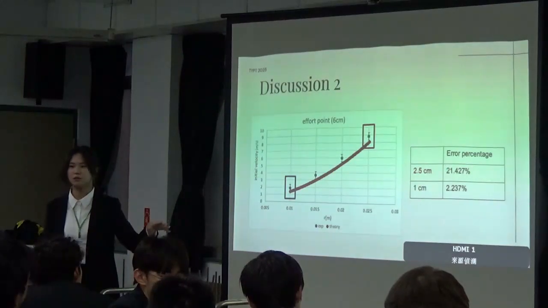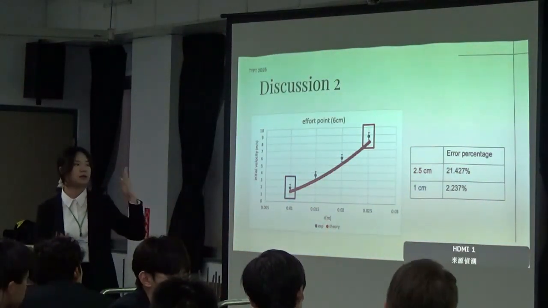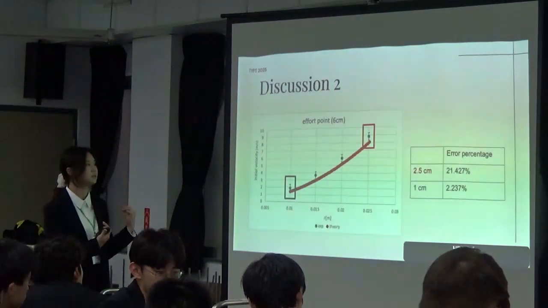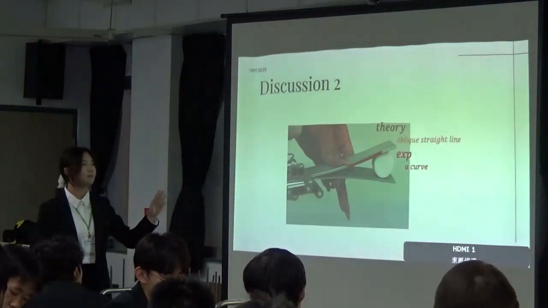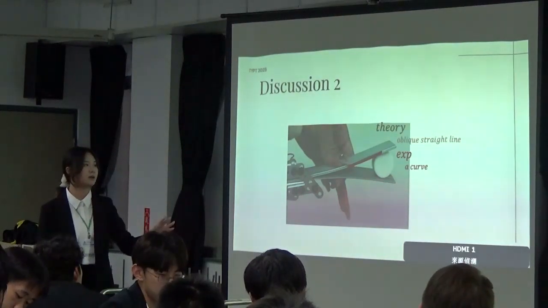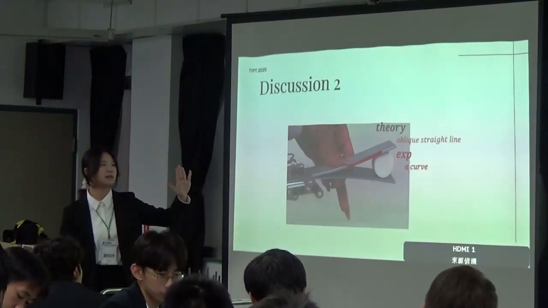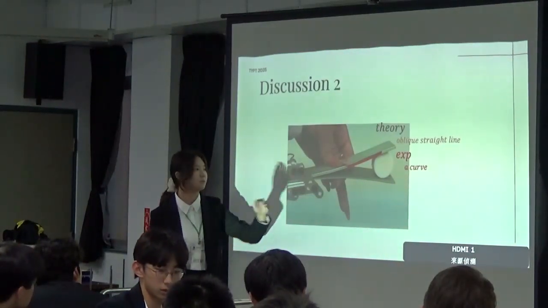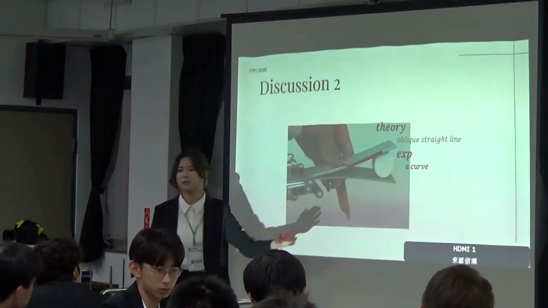And for discussion 2, I want to explain why, when the radius of the projectile is larger, the error is bigger. In my experiment, this part to this part is a curve, but in my theory, this part is a straight line.